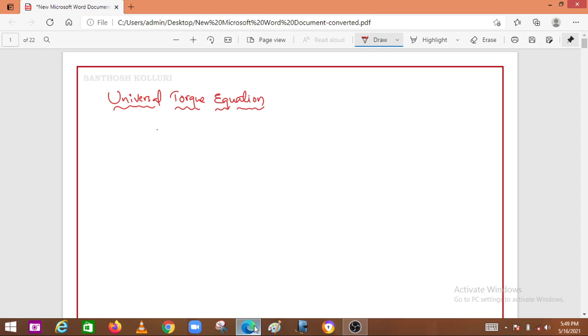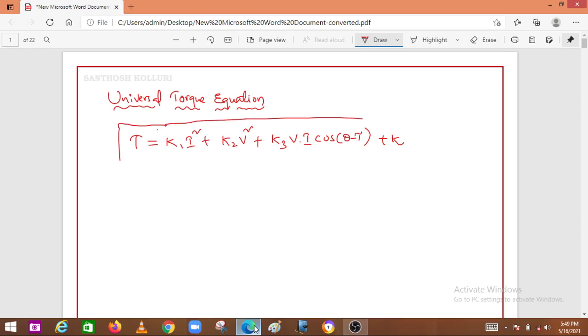The generalized formula for the universal torque equation can be written as T = K1 I² + K2 V² + K3 V I cos(θ − τ) + K. This is called the universal torque equation used in relay analysis.